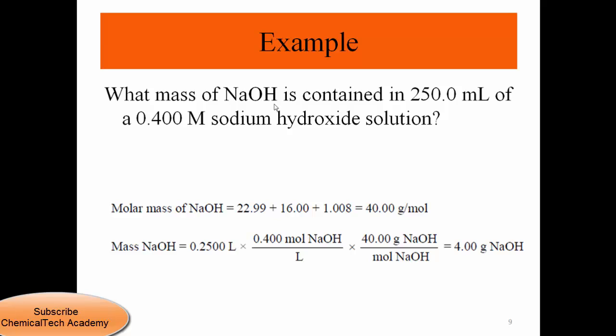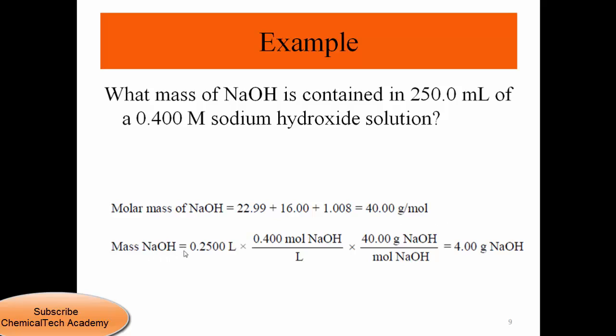Here, if the molar mass of NaOH is not given, Na is 22.99 or 23, O is 16, and H is 1.008 or 1. So the molar mass is going to be 40 grams per mole.